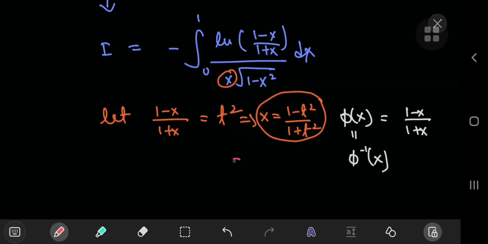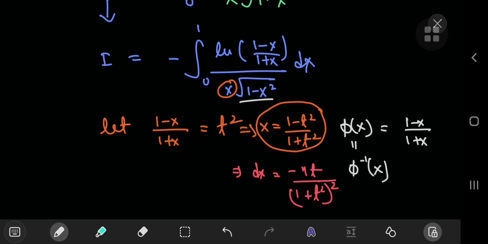evaluate the differential element. So the differential element works out to be negative 4 times t divided by 1 plus t squared squared. And this term here in the square root works out pretty nicely too under the substitution, because 1 minus x squared is nothing but 1 minus t squared by 1 plus t squared, squared.